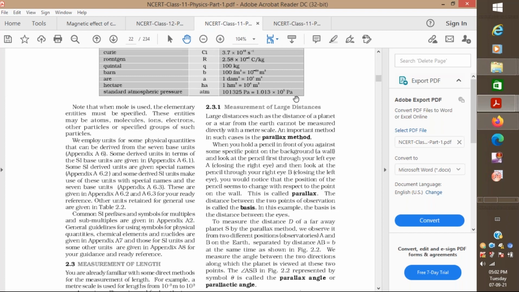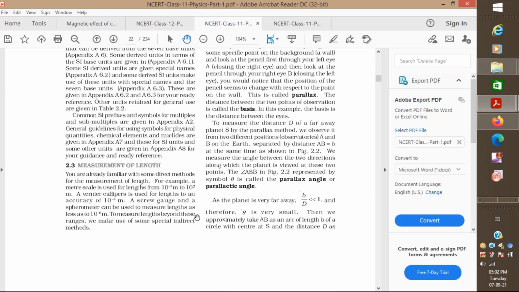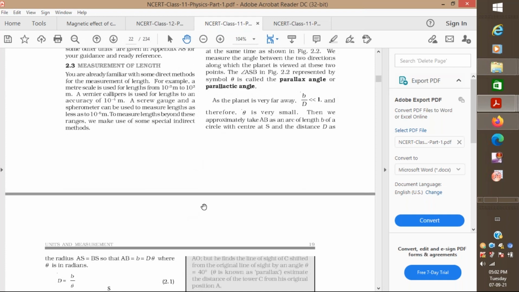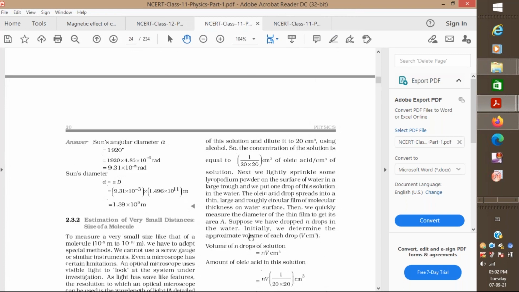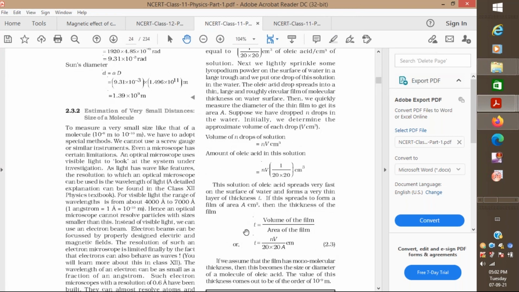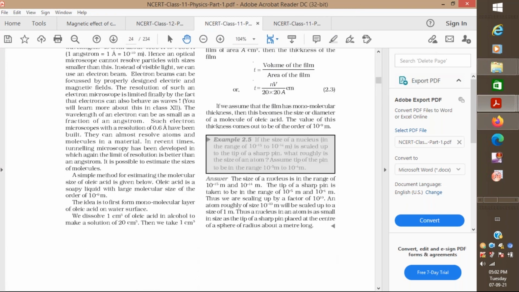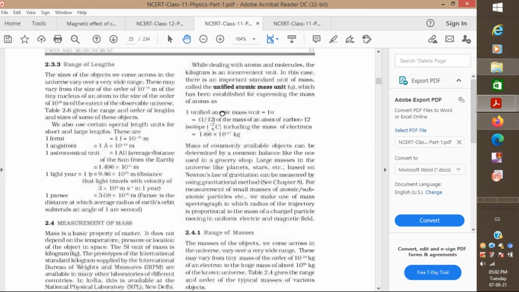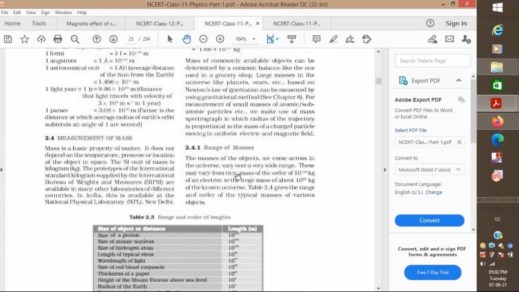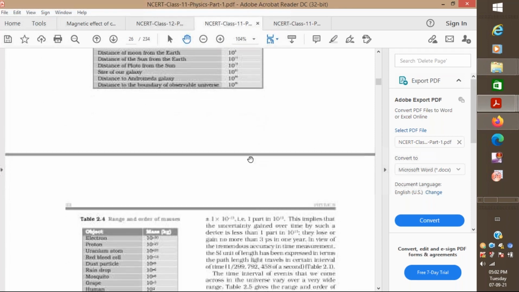So Deepa, you just read up to the unit systems and the definitions. Again I'll tell you that you don't need to memorize, but you read for learning, and how standard units are employed in our measurements.